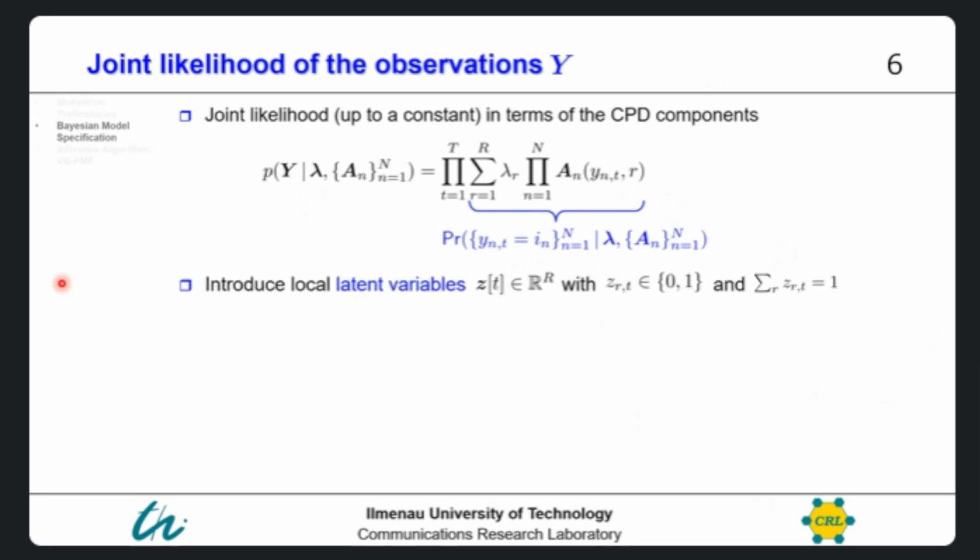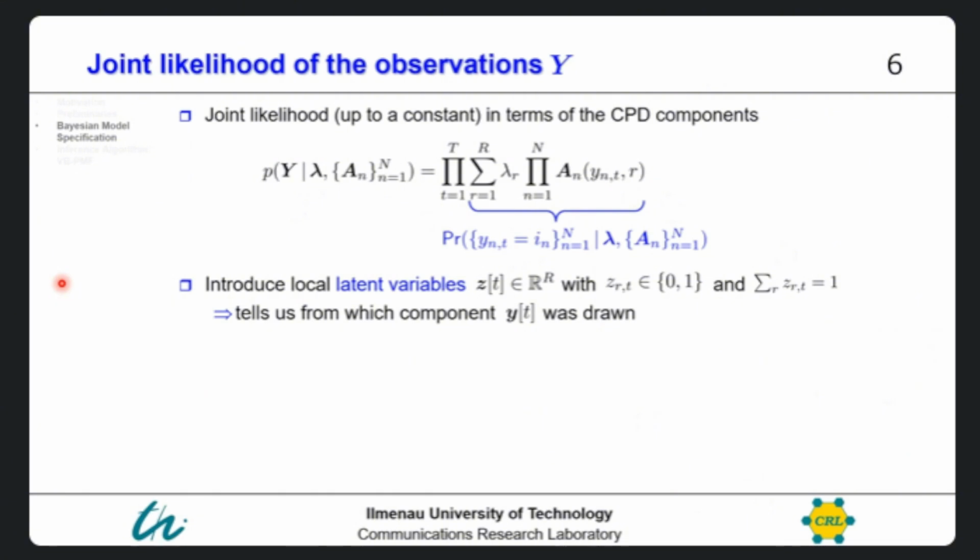Since we have this naive Bayes representation, we can introduce some local latent variables, which we call z_t. These variables sum up to 1, with only one element equal to 1 and the rest equal to 0.